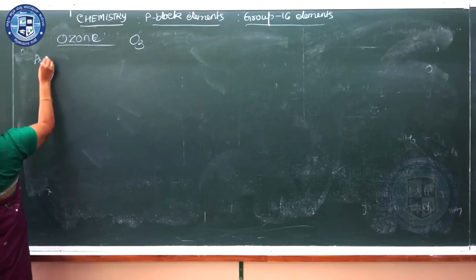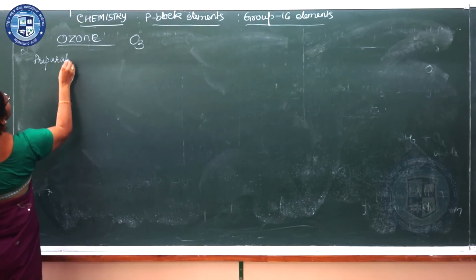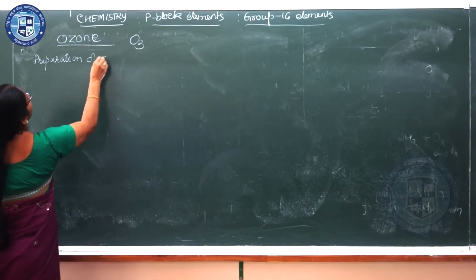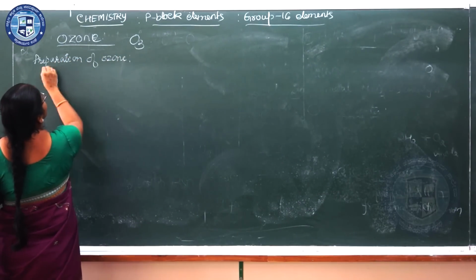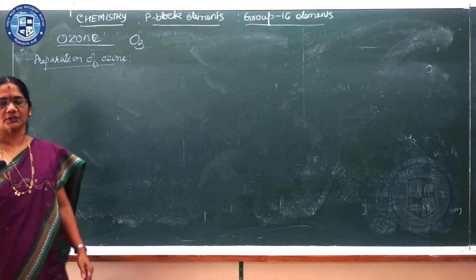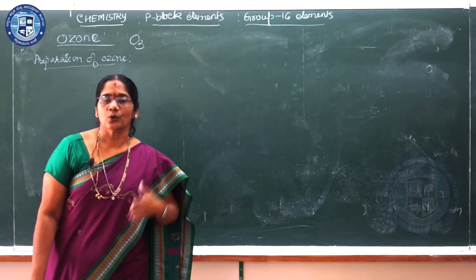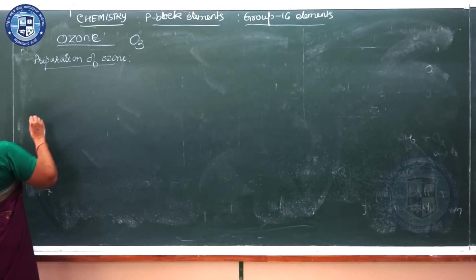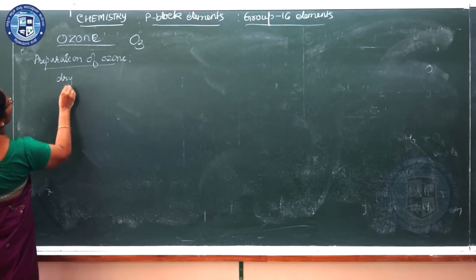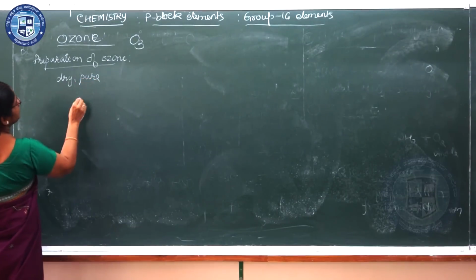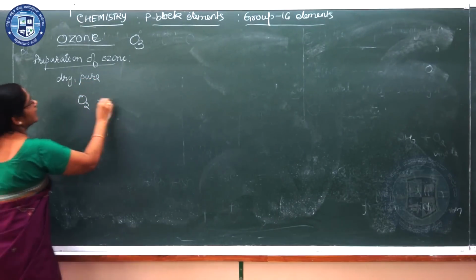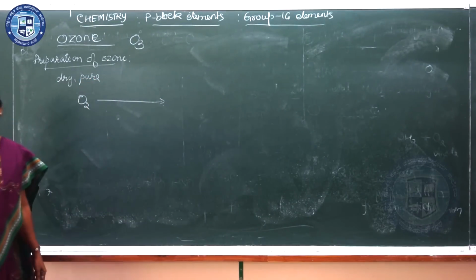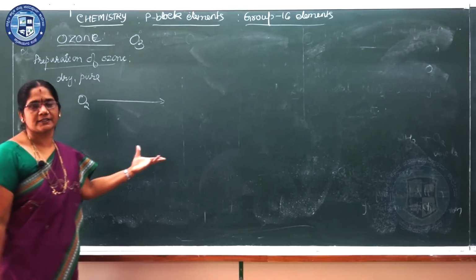Now how do we prepare ozone? Remember students, this is one of the very important questions which has come many times in the examination. How do you prepare ozone in the laboratory? This is a very, very important method you have to remember. Dry and pure oxygen is taken and silent electric discharge is passed through this.